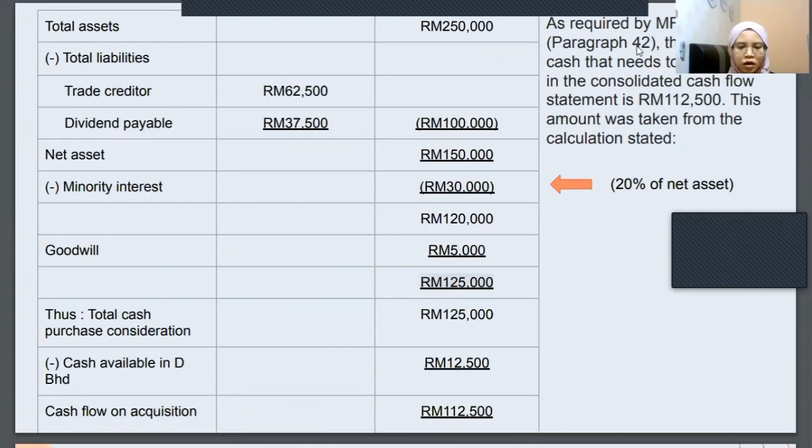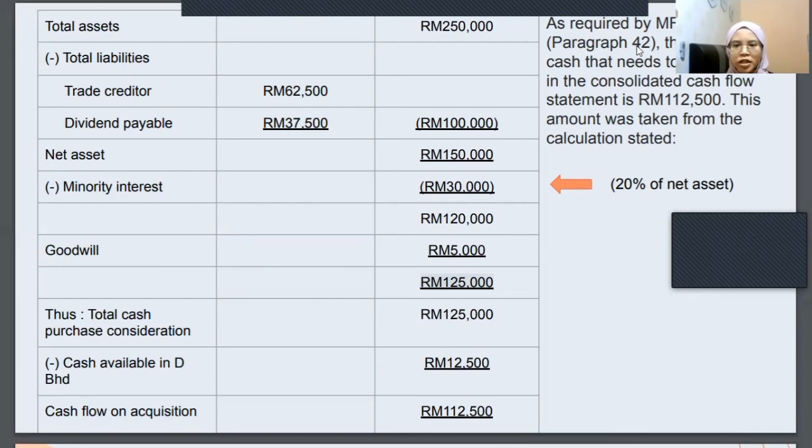Next, we add 5,000 of goodwill, which is the balance sheet figure. Thus, the total cash purchase consideration is 125,000. We deduct the cash available in D Berhad, which is 12,500, and we get the cash flow on acquisition, which is 112,500 ringgit as required by MFRS 107 paragraph 42.